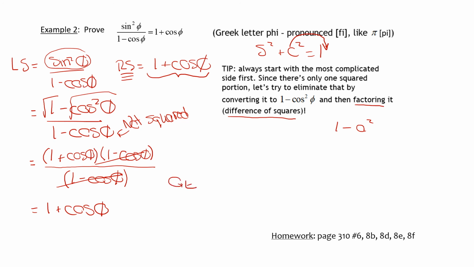So QED, we got our left side to equal our right side, even though when we started out they looked very, very different from each other, as they always do in these questions. You think, how am I ever going to make this mess look like this? But if the question says prove, then it's going to work.